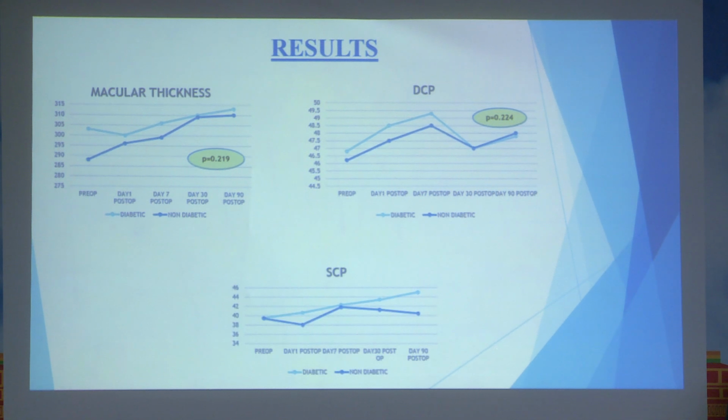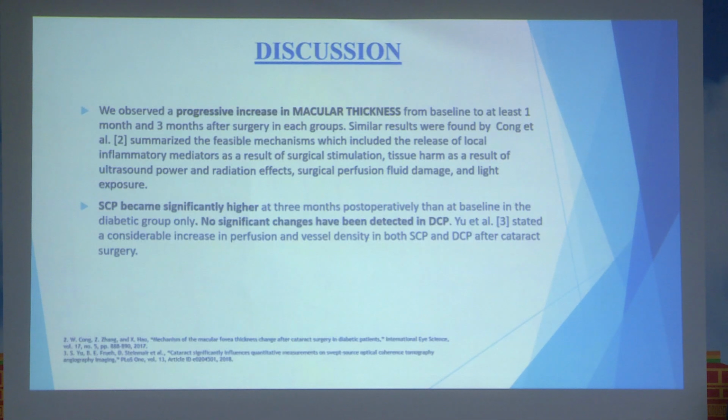Whereas talking about the superficial capillary plexus, there was a rise in the diabetic group, the light blue one, and at the end of the 90th day, at the end of 3 months, the difference between the two groups was found to be statistically significant. So in our study we found that there was a progressive increase in the macular thickness from the baseline in both the groups.